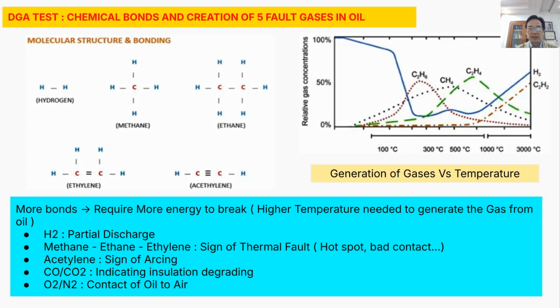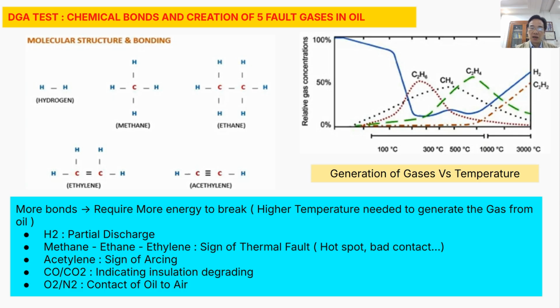The accelerating factors for the aging of paper are oxygen, moisture, and acid level in oil. Those factors will increase the aging rate of the cellulose material.